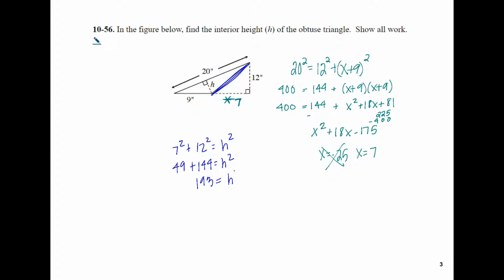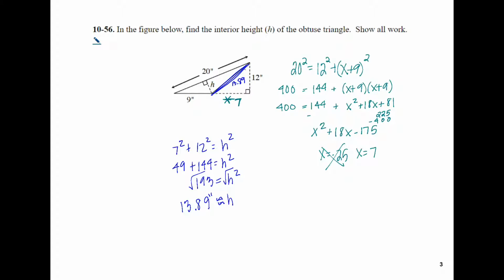In order to solve for that hypotenuse, we take the square root of both sides, and that would tell us that h is approximately 13.89. So when we know that this is 13.89, we now know all three sides of our triangle, and we need to in fact find the height.